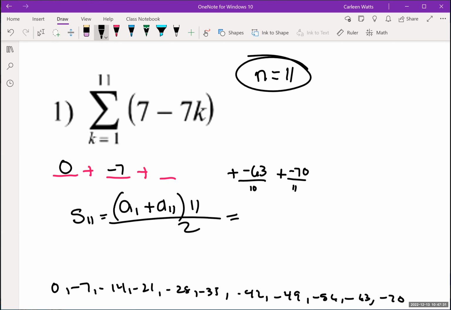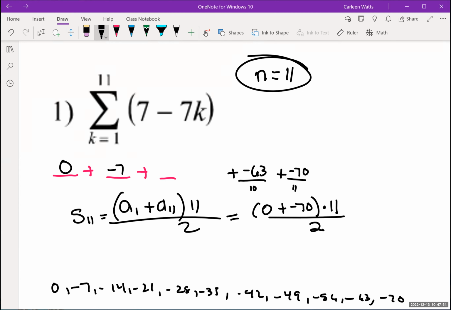N is 11. I'm going to use the formula. Okay, so I'm going to have first term plus last term times N divided by 2. But you see how you could just use a calculator and just add them up.